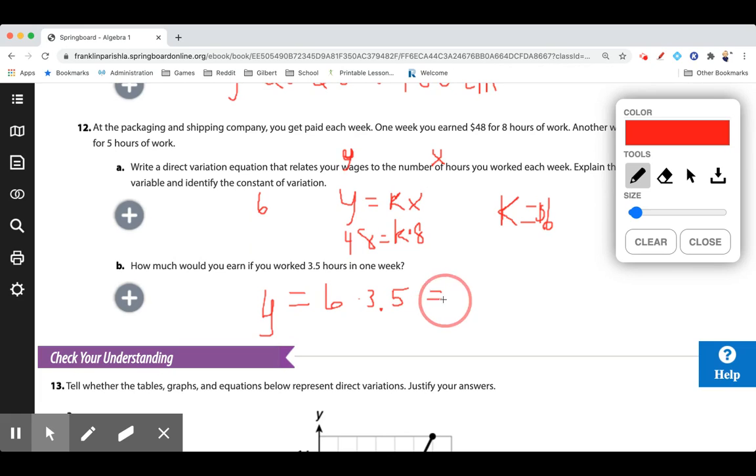So you'd earn $21. 6 times 3.5 is 21. $21.